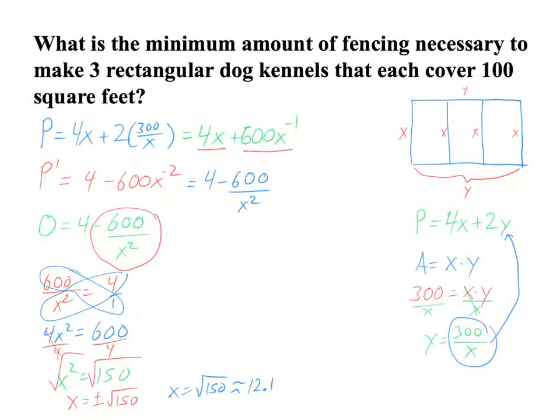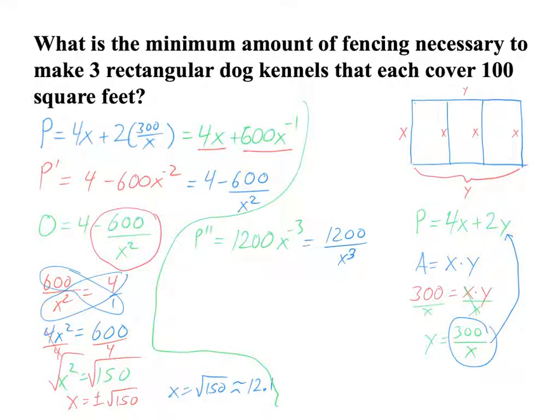Isn't the derivative of this going to be pretty easy to find? I'm going to use the second derivative test. So what I'm going to do here is cross that out, and come over here and do the second derivative. The 4 disappears. That becomes a positive 1200 x to the negative third, which is equal to 1200 over x cubed.